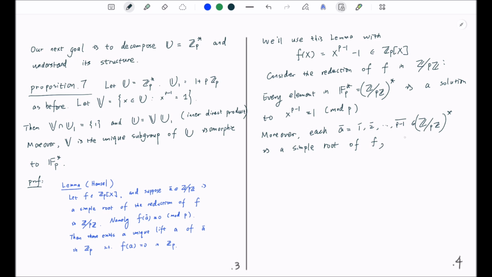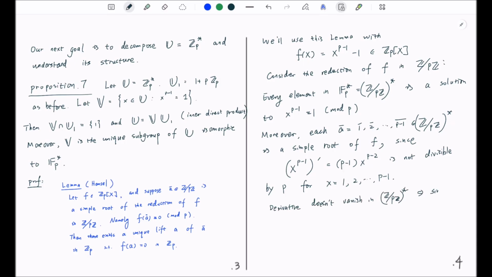This is because if you take the derivative, you get p minus 1 times x raised to the power p minus 2. And this is not divisible by p if you take x equal to integers 1 up to p minus 1. Therefore, the derivative does not vanish here. So we have simple roots.